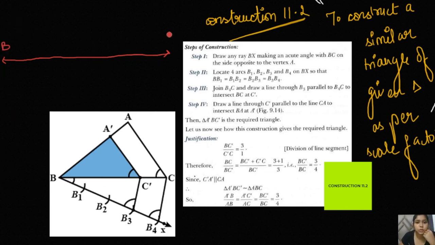According to this figure, I have taken BC as the line segment. In this construction we are already given a triangle, with the sides given, so you have to construct a triangle depending on those sides and angle.